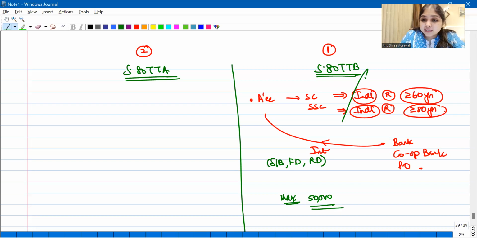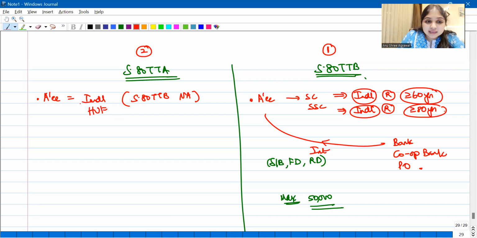Okay, if 80TTB is not applicable to you, welcome to 80TTA. In 80TTA, who should your SSE be? Your SSE should be either an individual or a HUF. Now, which individual? Only that individual to whom 80TTB is not applicable. Only that individual will fit under 80TTA, obviously, guys, right? So, SSE can be an individual to whom 80TTB is not applicable, and SSE can be a HUF.